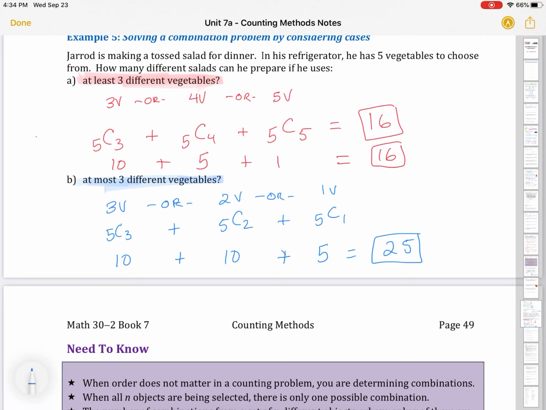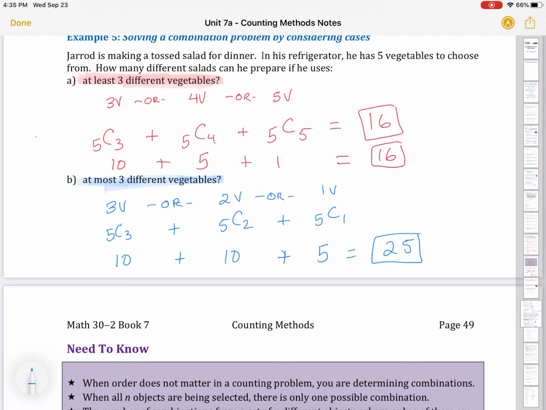Now, I want you to notice that 5 choose 3 and 5 choose 2 actually give you the same number. That's going to occur because 2 plus 3 equals 5. Whenever you have those kind of paired numbers that add up to the total number of options, they will equal the same amount.